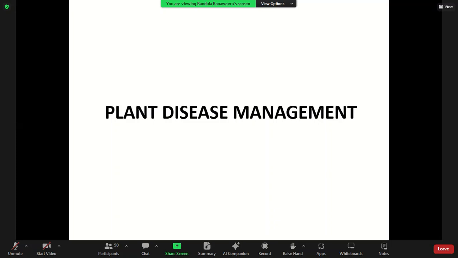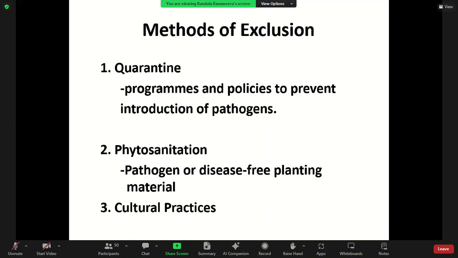Some of those are familiar to us because we have heard of them as methods of managing human diseases as well. For example, quarantine methods. Not only for preventing human diseases, there are programs and policies to prevent the introduction of plant pathogens.